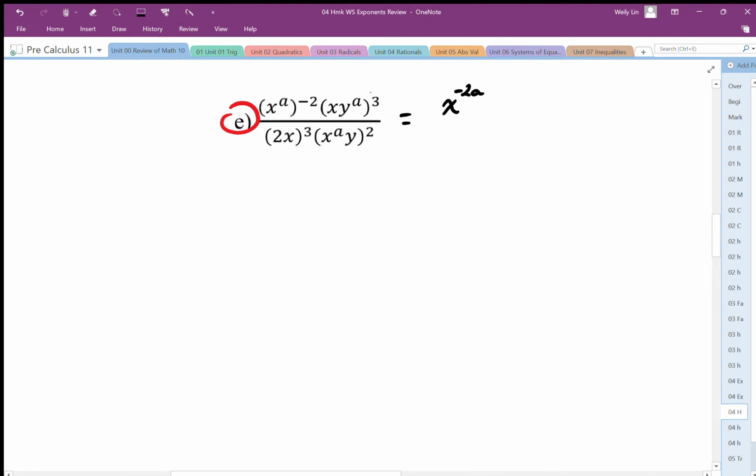Here when I expand that power, I need to make sure I apply that to both the x part of that expression, so to the base x and to the base y. So this becomes 3a since we have 3 groups of a.